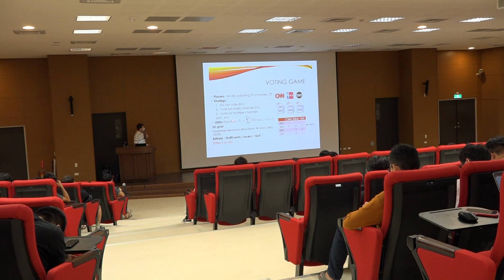So actually, the utility function here is that we are trying to optimize the percent of viewers times the utility of the video itself. Some basic assumptions we need before we proceed: how many TV channels can you watch at one time?